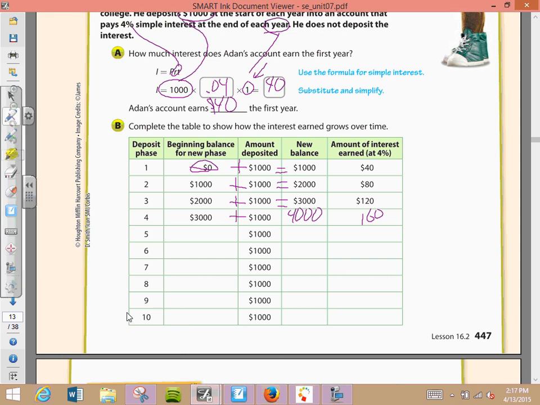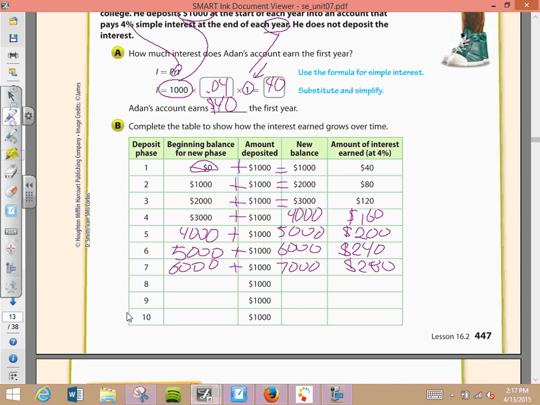So then this will be 4,000 plus that is 5,000, and the interest will be 200. Then 5,000 plus 1,000 is 6,000, 240, and then 6,000 plus that, it'll be 7,000, 280. And then 7,000 plus 1,000 is 8,000.